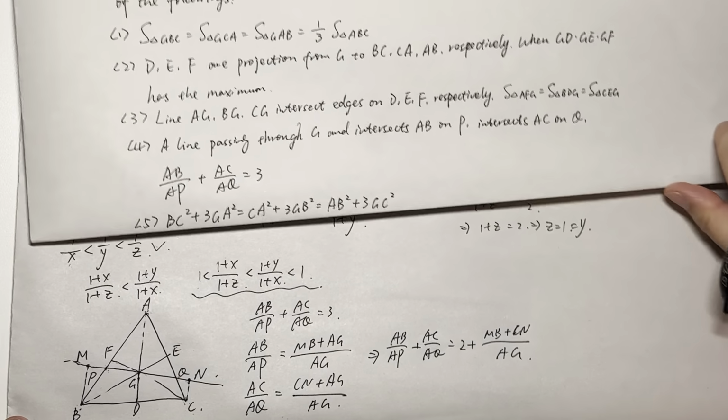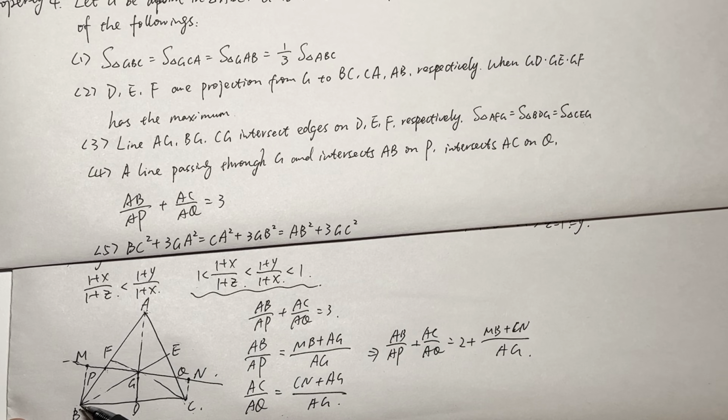Which means we want to find the relation between CN, MB, and AG.